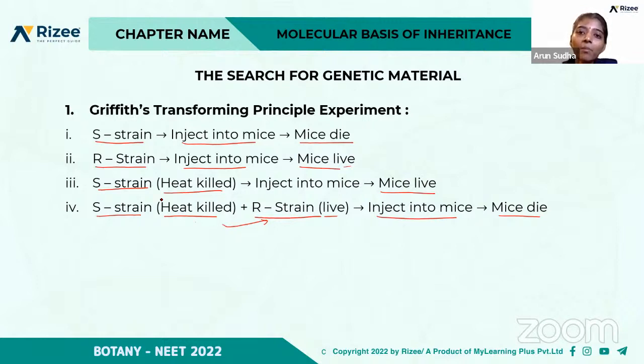He was not sure what was transferred, because the biochemical nature of the factor that was transferred was not identified. But he came to one conclusion, that some factor was transferred from the S strain to the R strain, so when it is injected into the mice, they die. Okay, so this was the Griffith transforming principle experiment.